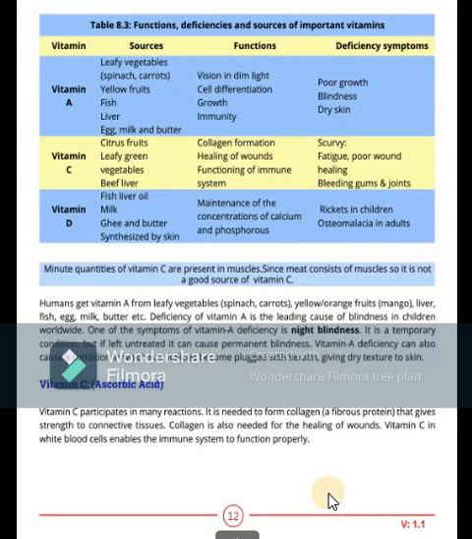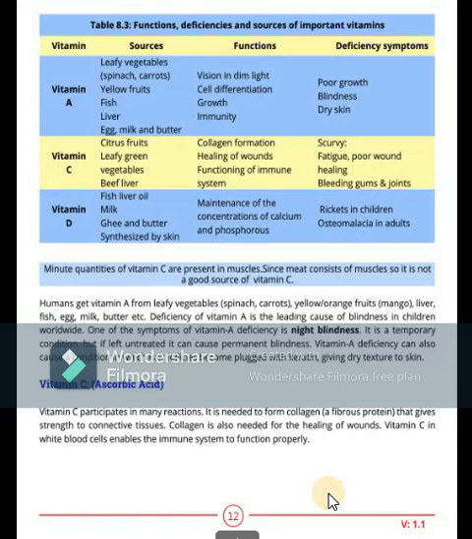Vitamin C is present in citrus fruit, C for citrus, so you can remember it that way. Also in leafy green vegetables, and the function is that it helps in collagen formation. It also helps in the healing of wounds, functioning of the immune system, and deficiency causes scurvy, fatigue, poor wound healing, bleeding gums and joints.